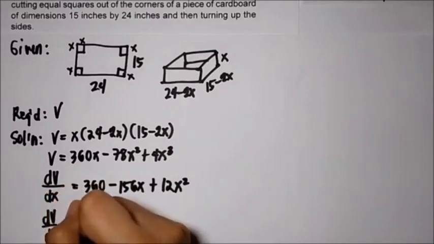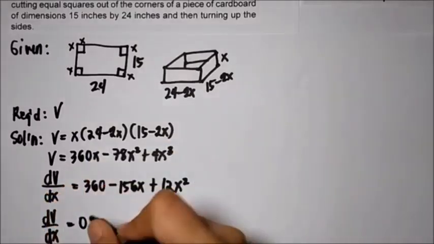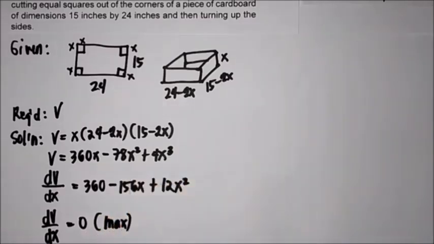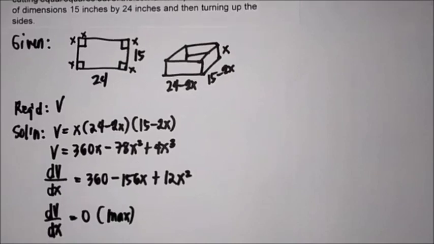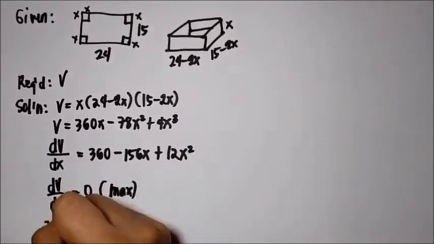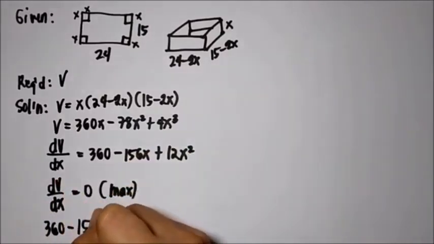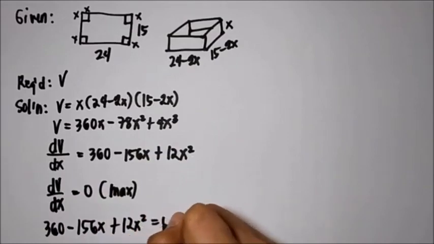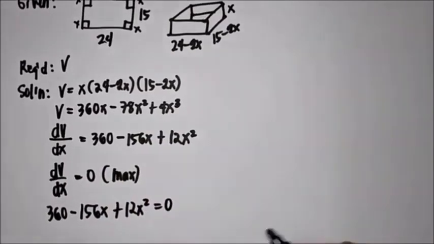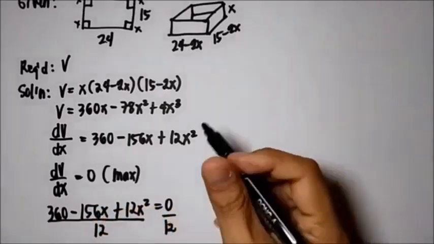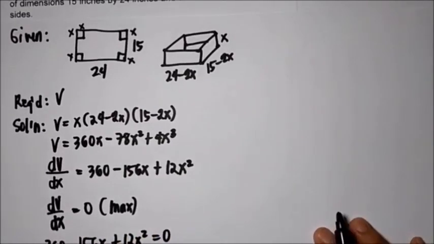So dV over dx now is equal to 0 since the volume is maximum. So let's have that. So we have 360 minus 156x plus 12x squared equals 0. We can still simplify this equation.